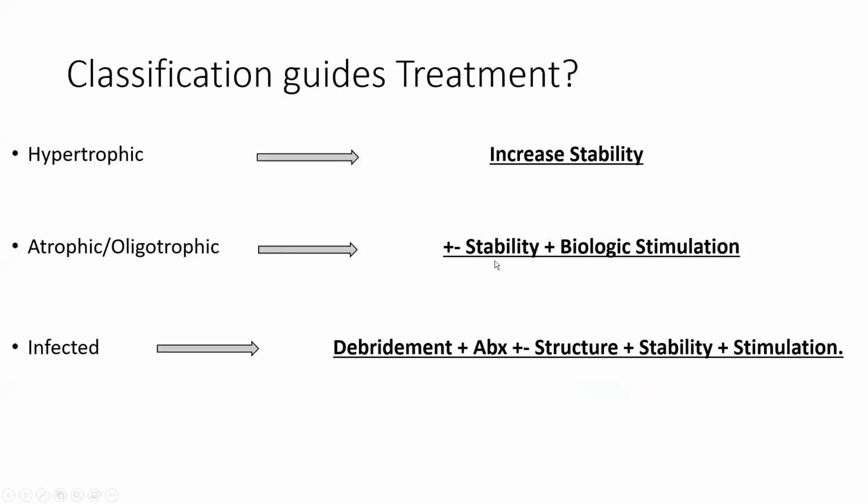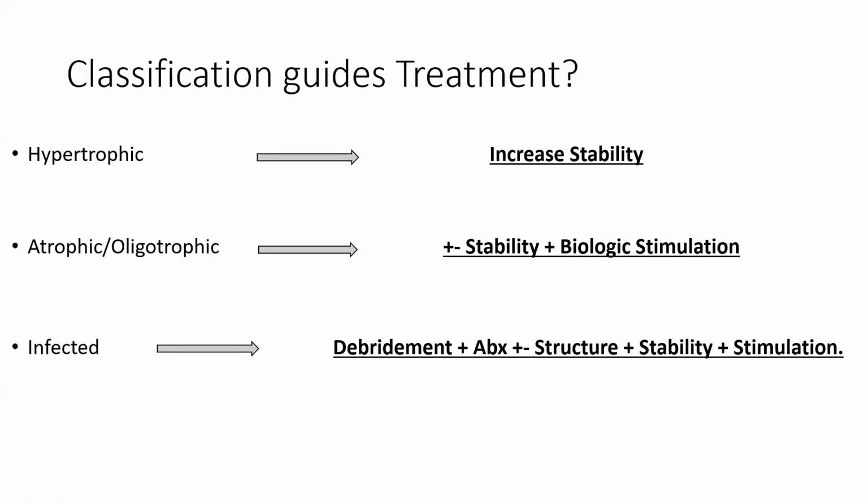How will we need to increase stability? And the main bulk is working on biology. Okay, and if it was infected, which is the other main type, then it usually encompasses everything from debridement to antibiotics, plus or minus structure, like bone integrity, making sure that there is no necrotic bone, and stability and stimulation, which is biological stimulation.